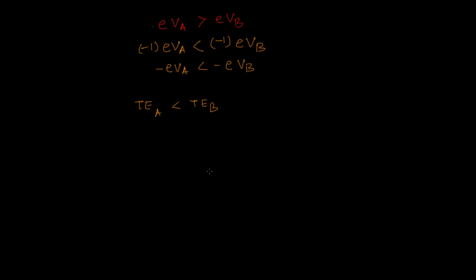Now what happens? If total energy at this point is less than this, where has the energy gone? How about the law of conservation of energy? What has happened to my energy? This energy is less than that.